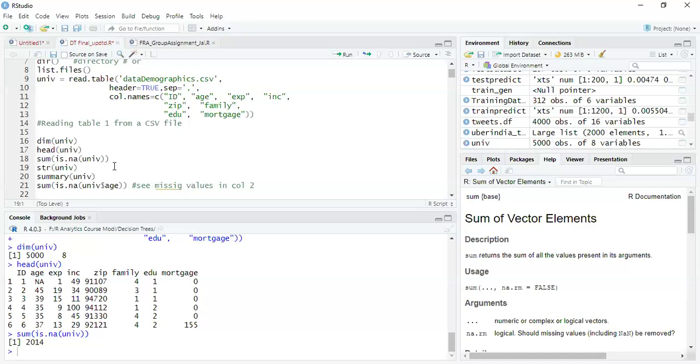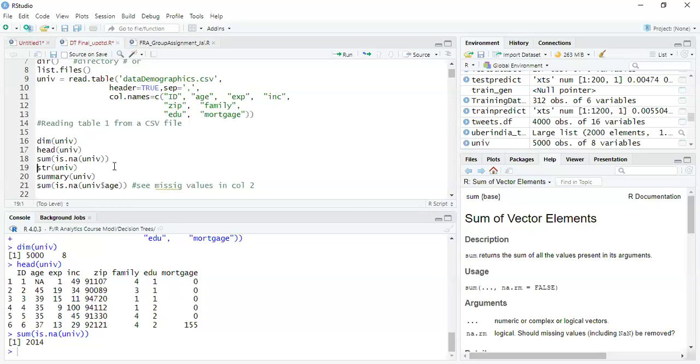Anything which is less than 10% can be imputed. If a particular column has more than 10% cells missing, it cannot be imputed. Sometimes you can also impute, but less than 10% is normally imputed. So we have 5%, which is fine, we can impute them later.